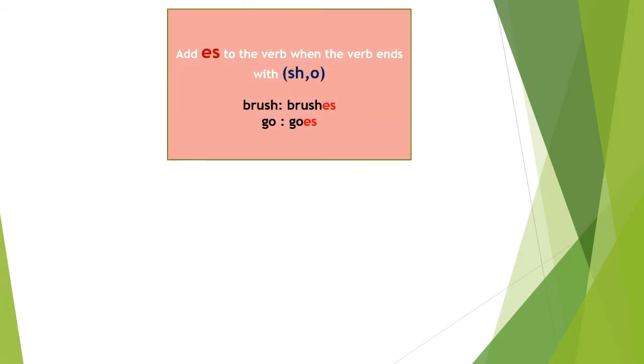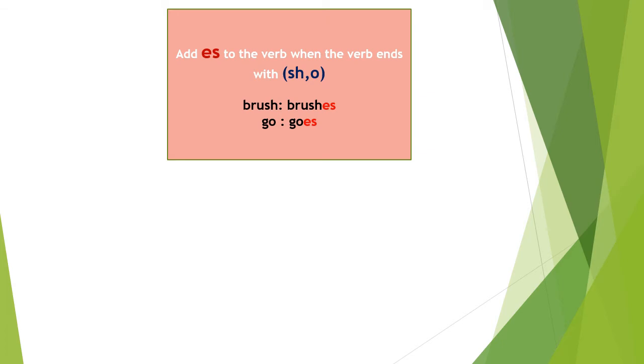If the verb ends with sh or o, we add es to the verb. For example, brush. The verb brush ends with sh.